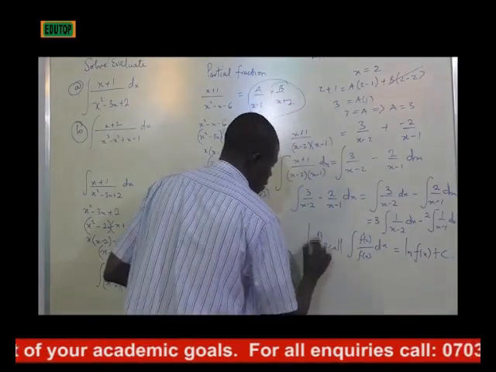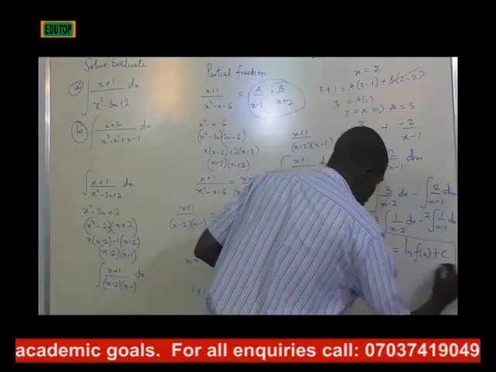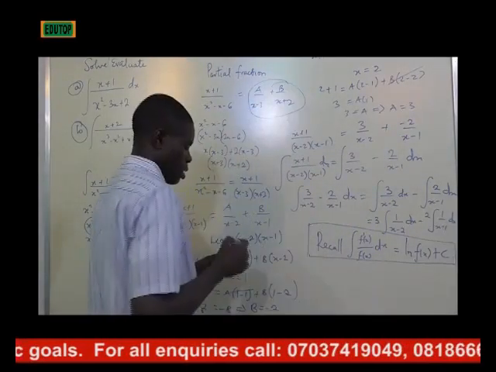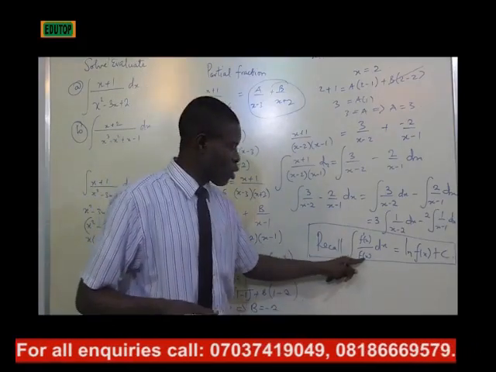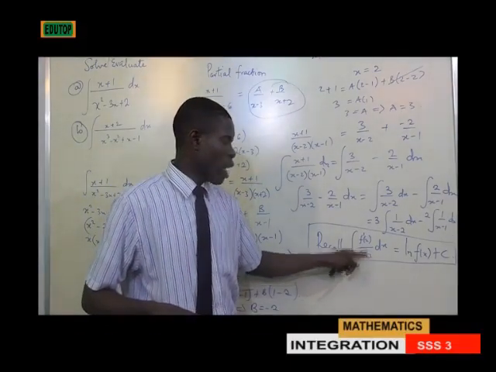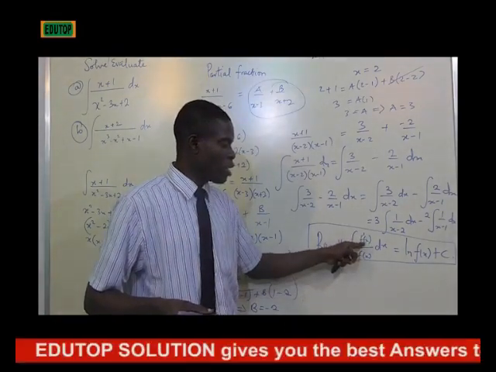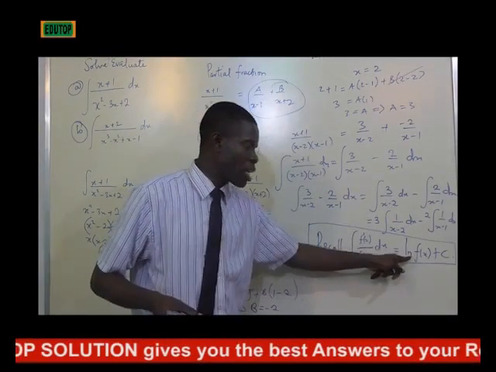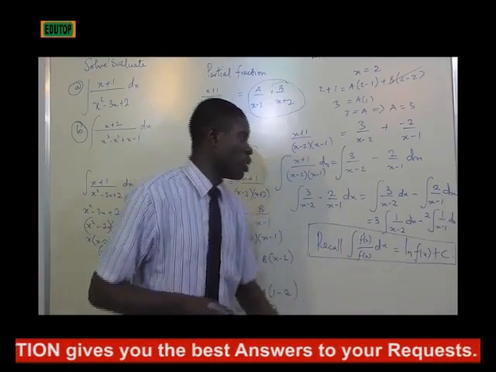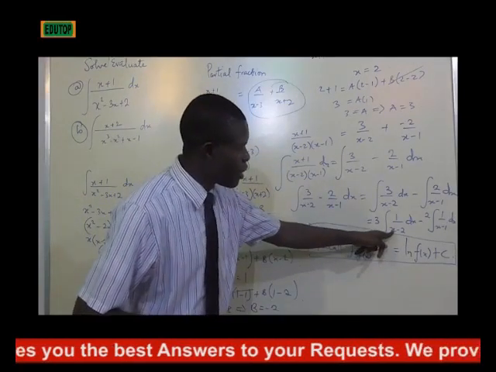This is an important identity in integration. If you differentiate this one, you have what? f prime of x. And what do you have here? f prime of x. If you differentiate the denominator and you have the numerator, then you write ln of the denominator plus c.